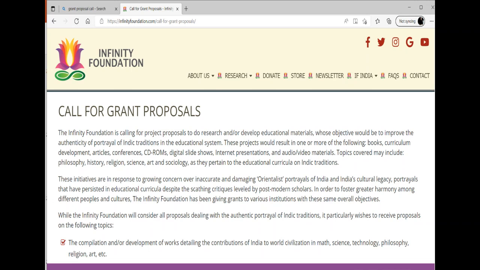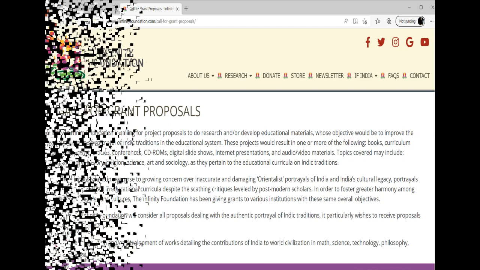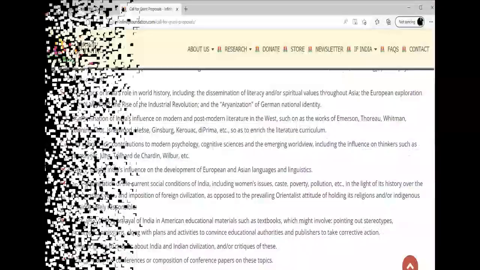So if we're thinking about changing the narrative of India, its tradition, its history, its legacy in how it's portrayed in books, in the curriculum, how can we do work that brings about new ways, another perspective of how we can engage with Indic traditions? Okay. So that's the overview, the background in terms of this call.